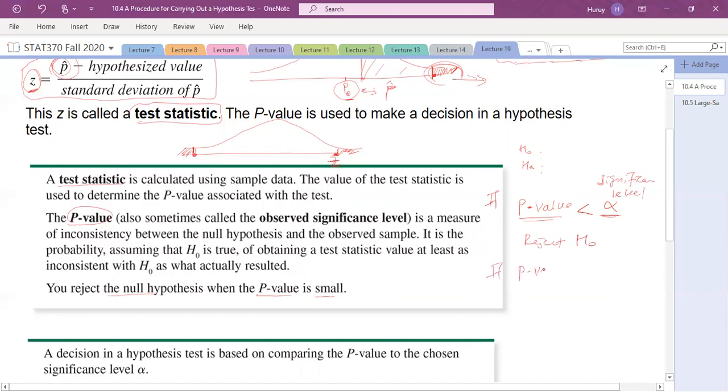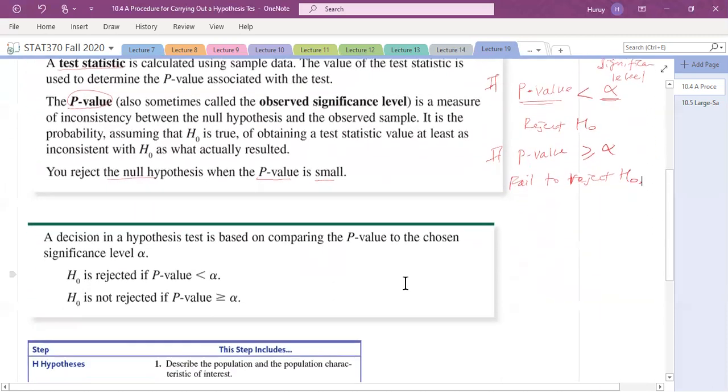If p-value is greater than alpha or greater than or equal to alpha, then fail to reject the null hypothesis.